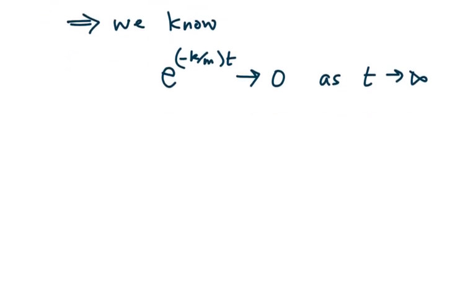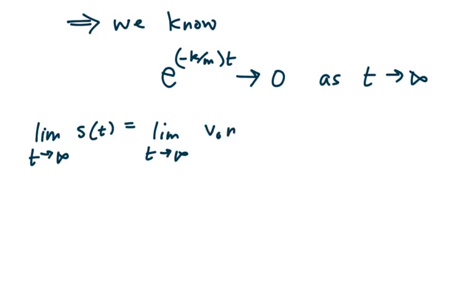So we can say then the limit as t goes to infinity of our position function is going to equal the limit as t goes to infinity of v sub 0 m over k times (1 minus e to the negative k over m t).